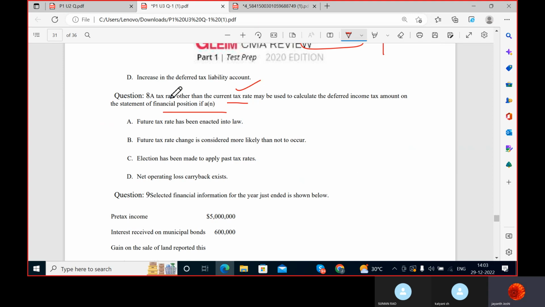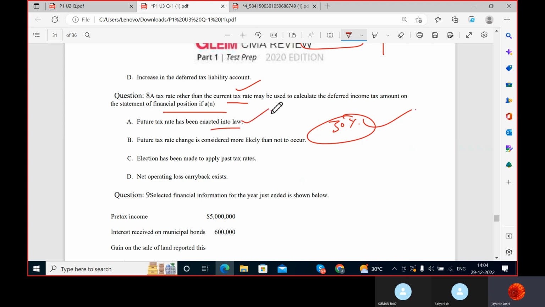First try to understand the question: a tax rate other than current tax rate. That means currently some tax rate is going on. Let's say the tax rate is 30%. So other than this, we will use it to calculate the deferred income tax amount on the statement of financial position if future tax rate has been enacted into law.